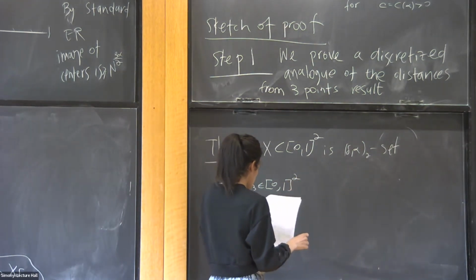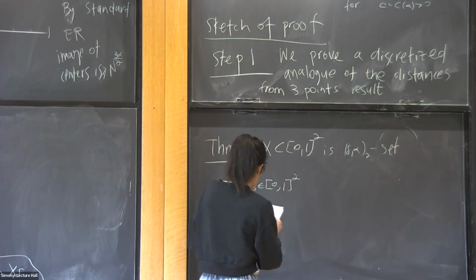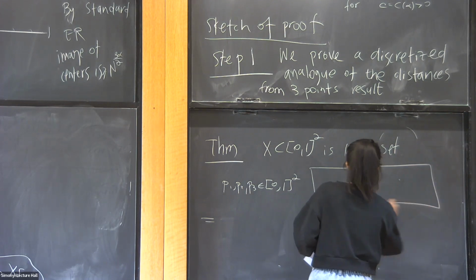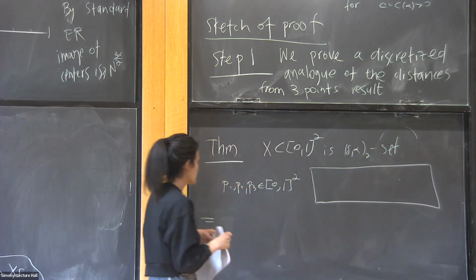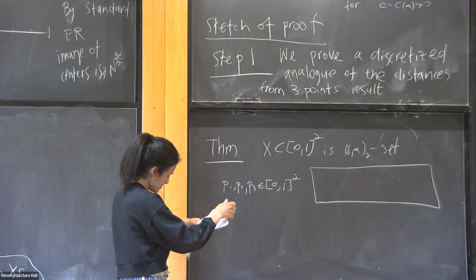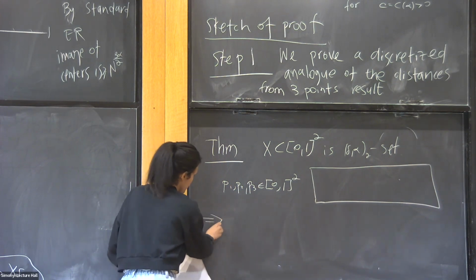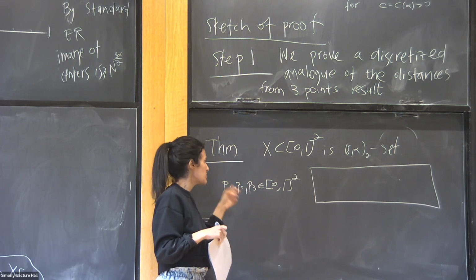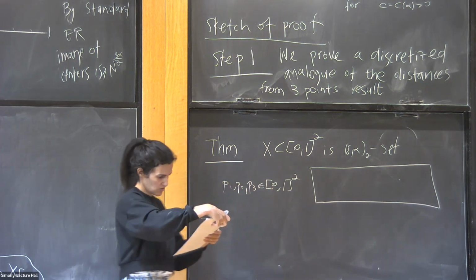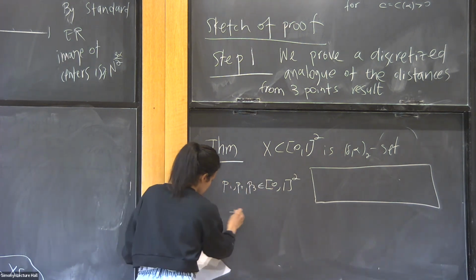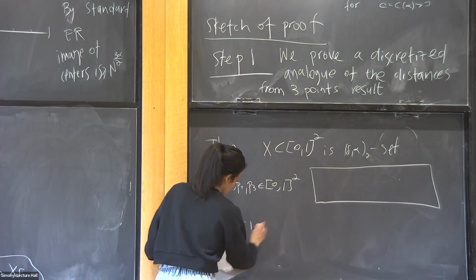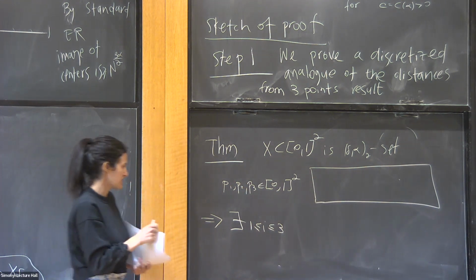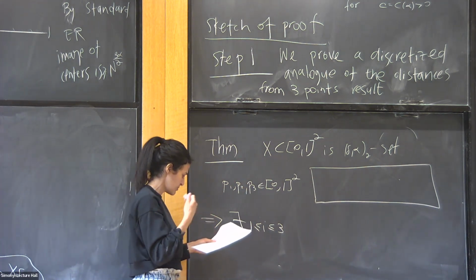Okay, there is something to write here, but let me write it in a second. What we want to say is that, again, for one of these points Pi, the set of distances from this point to X is large. So we'll show that there exists some i between 1 and 3. It's the same as saying that for the union of 3 things, one of them will be large.